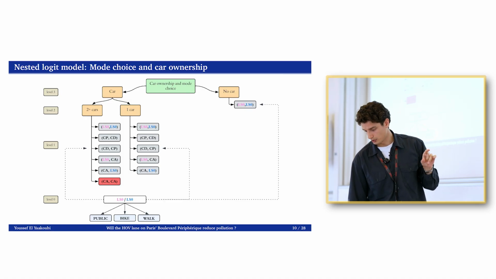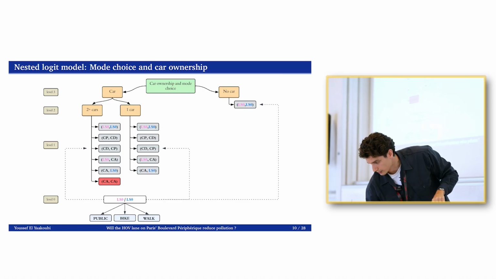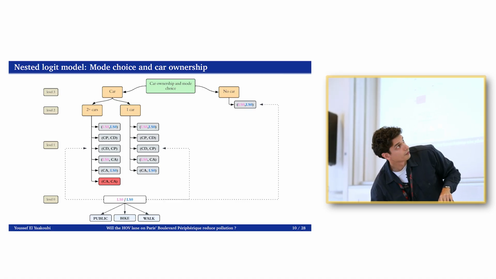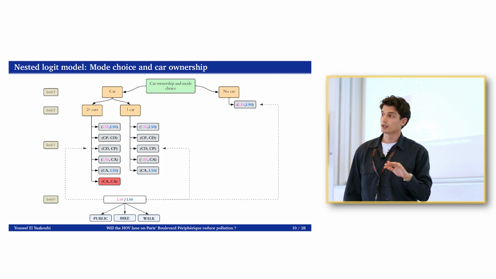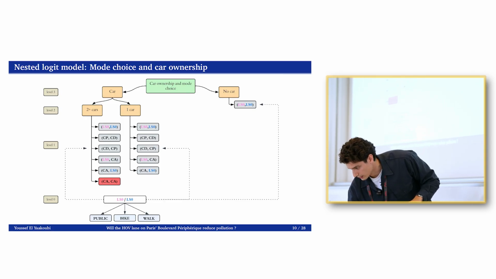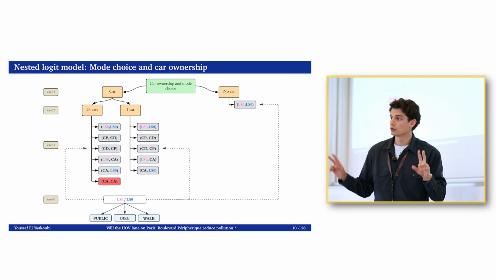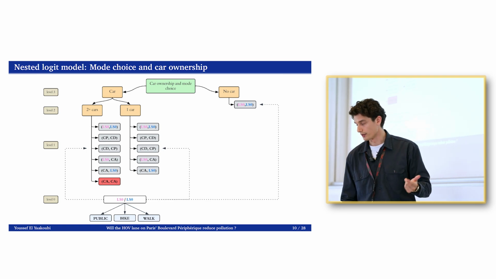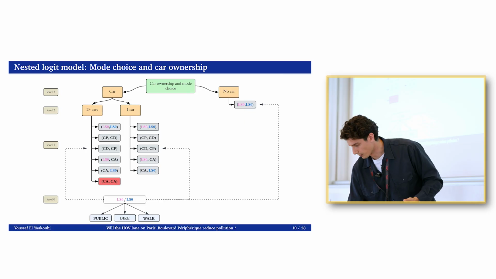The first choice is the choice of the woman, and the second one is the choice of the man. For example, here, this means that both are taking the no car option, whether public transport, walk, or bike.